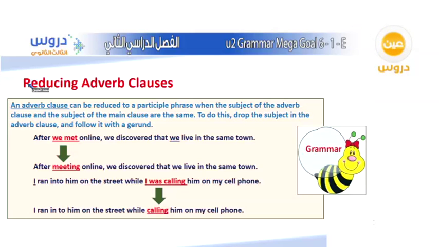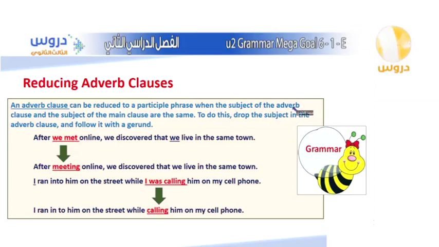Now, we will talk about the other subject today, which is reducing adverb clauses. An adverb clause can be reduced to a participle phrase. Participle phrase means when you're describing someone in a phrase, we call it a participle phrase.